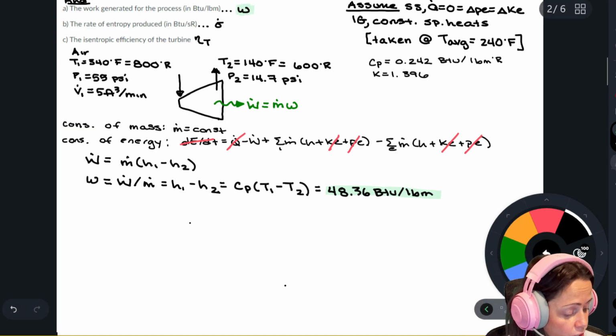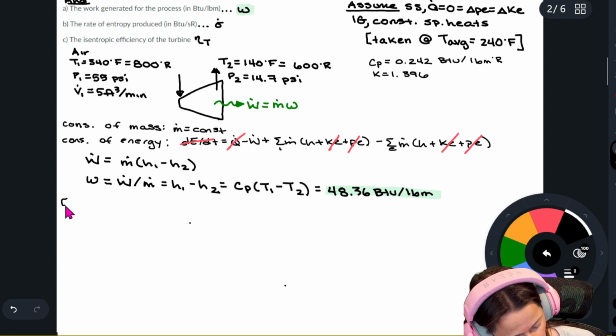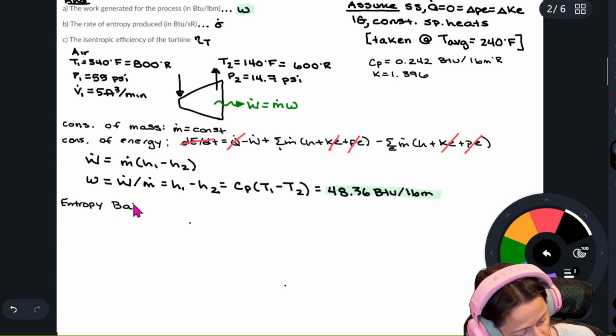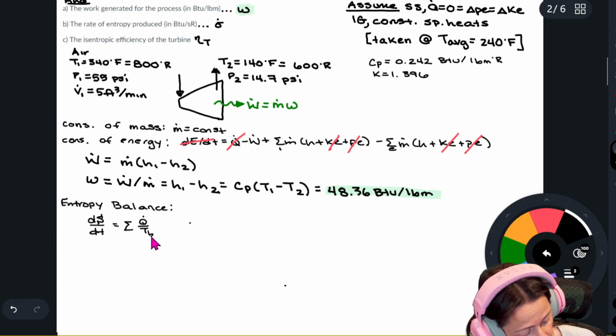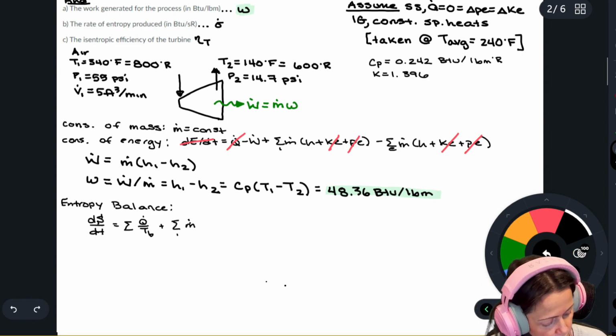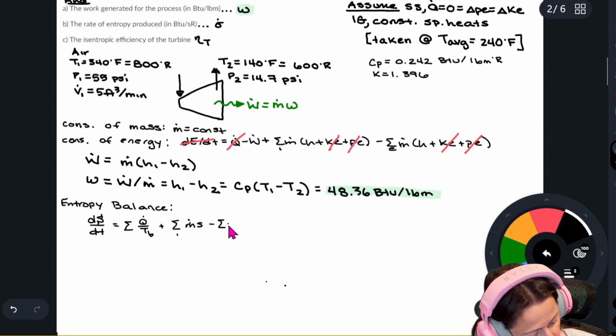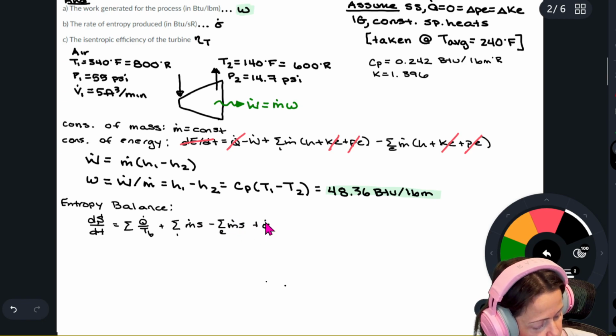The next thing that we need to do is apply our entropy balance. So our entropy balance for an open system: the rate of change of entropy contained within the system is equal to the rate of entropy transferred by heat transfer plus the net rate of entropy transferred by mass flow plus the rate of entropy produced.